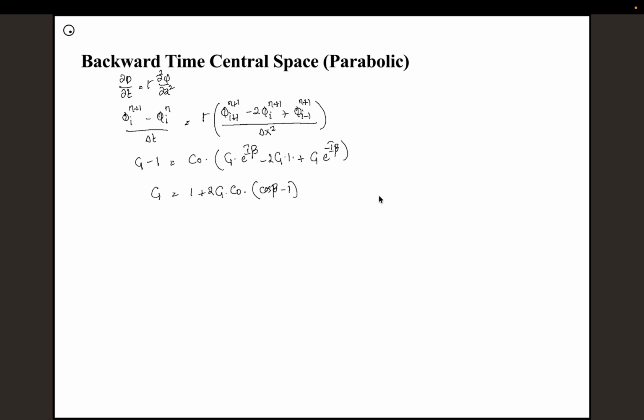So I can take them to the other side, g into something, and from this we can derive the values of the Courant number for which small g is less than or equal to 1.